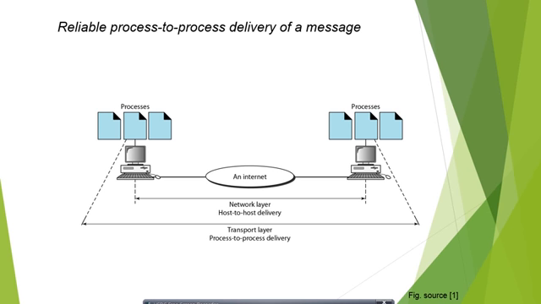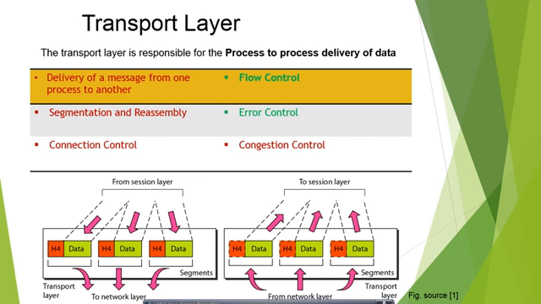How one process in a system communicates with a process in the other system is governed by the transport layer. That's why we call this process to process delivery of the message. Whereas the network layer is responsible for host to host delivery of the message.